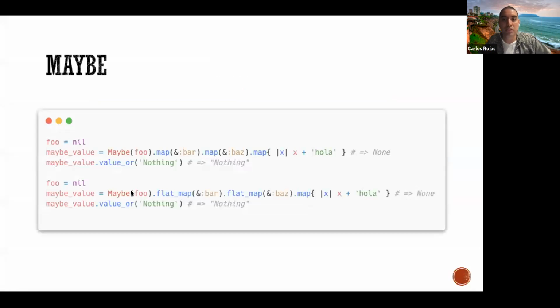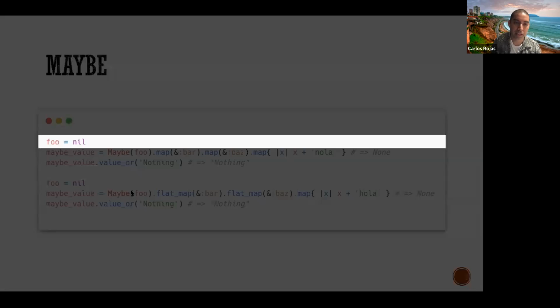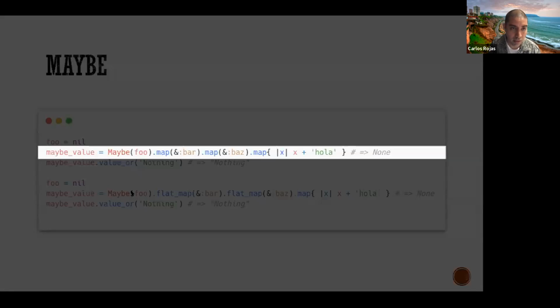So how does this data structure work? The equivalent code for what we were doing before would be like this. So we are doing again this foo variable equal nil. And then we are calling that maybe constructor. Imagine like when you are creating a list, you're just creating this new instance of the maybe data structure.